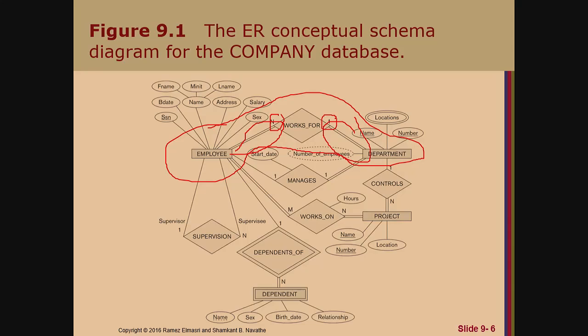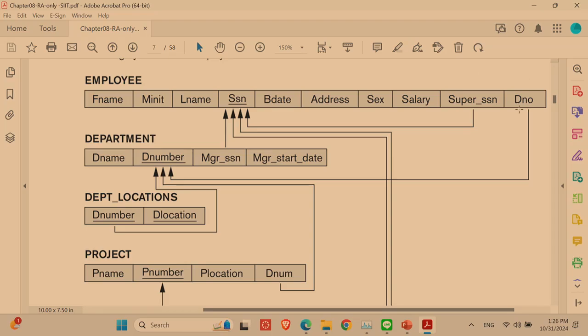If you add the employee SSN into the department table, what happens? One department has many employees. Impossible, right? But for employee, one row, employee Smith works for one department, just one piece of information. So it's not complicated. As the result of the mapping, which department does the employee work for?